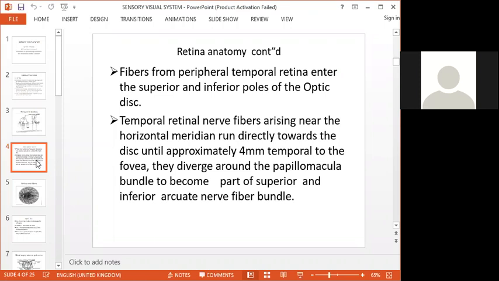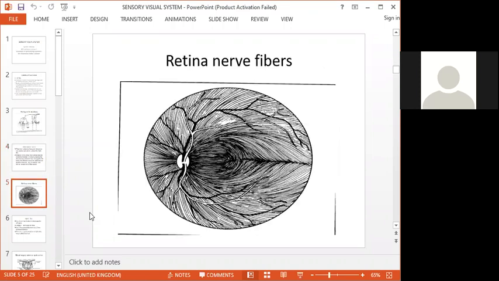There are diagrams here, you appreciate what I'm talking about. It's this. The macula is here in the center. Hope you can see this. Can you? This is the macular area here.